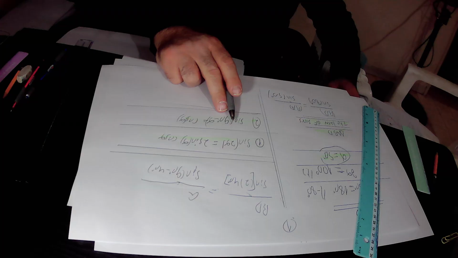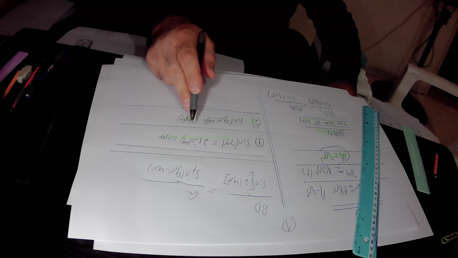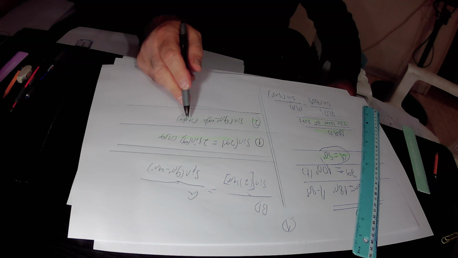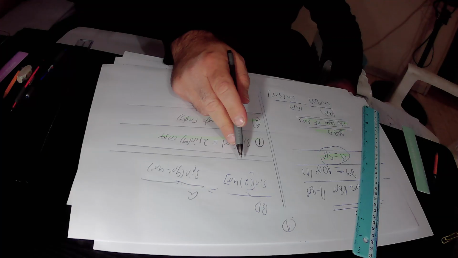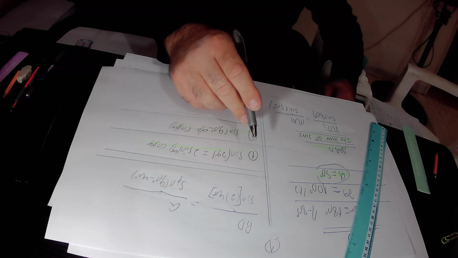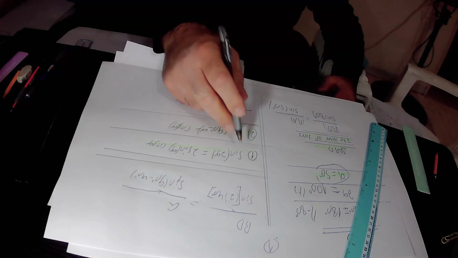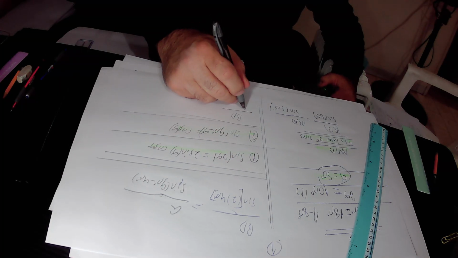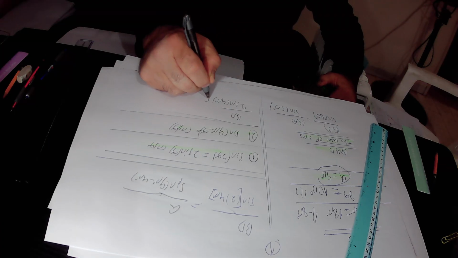So according to the first trigonometric identity, we will get that sine 2 times 40 degrees equals 2 times sine 40 degrees times cosine 40 degrees. So on this side of the equation we have BD over 2 times sine 40 degrees times cosine 40 degrees.